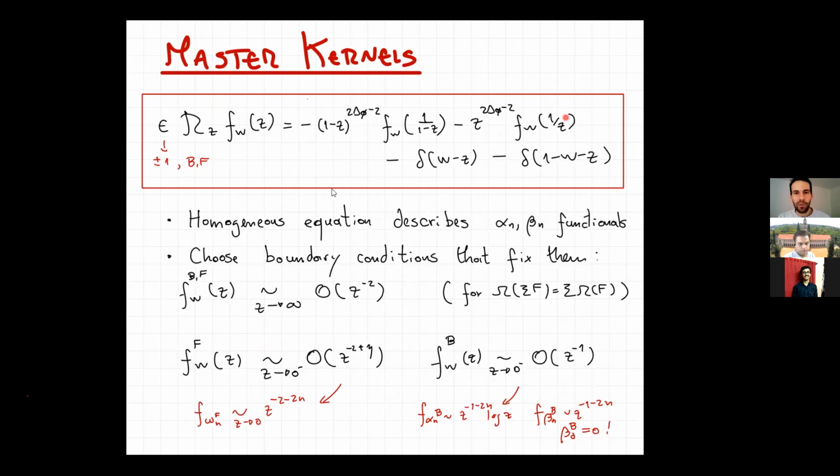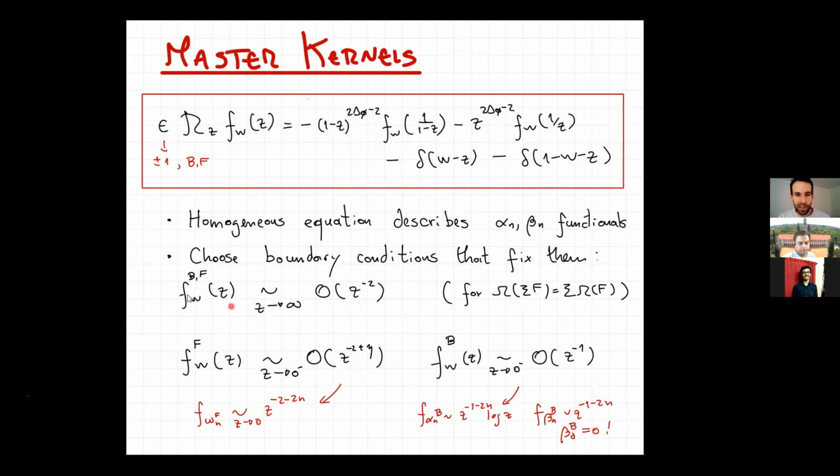So how can we solve this equation? As I said, the homogeneous equation, the equation without these deltas, describes these functionals. So we have to choose boundary conditions that will fix all these homogeneous solutions, right? Otherwise, I could always add one of them to this. And we want the master function to be uniquely fixed.